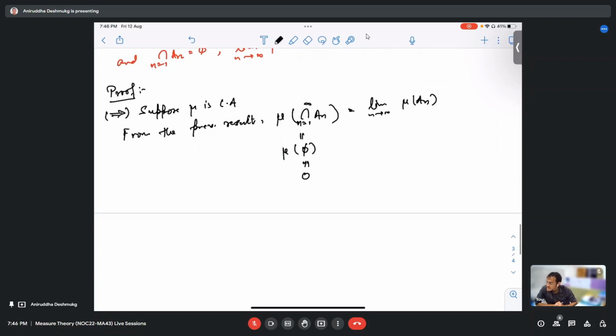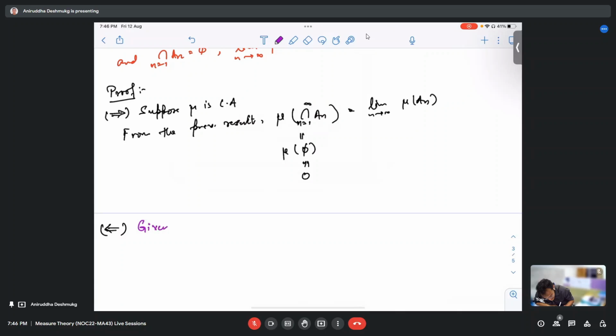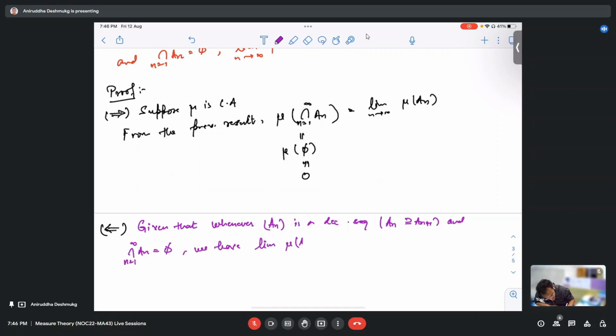Is this fine? Yes, sir. Okay, what about the other way around? So the other way around means it is given to us that whenever An is a decreasing sequence, that means An contains An plus 1, and the intersection of An is empty, we have the limit of mu An is 0.